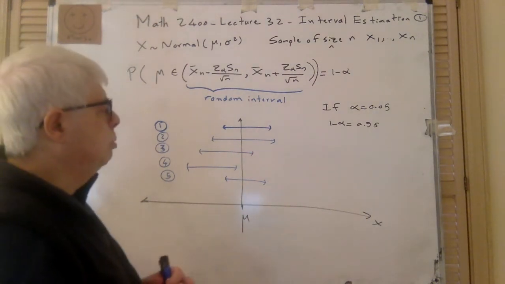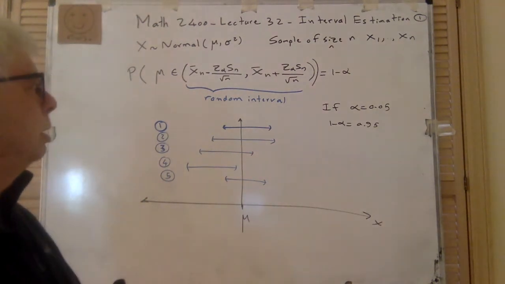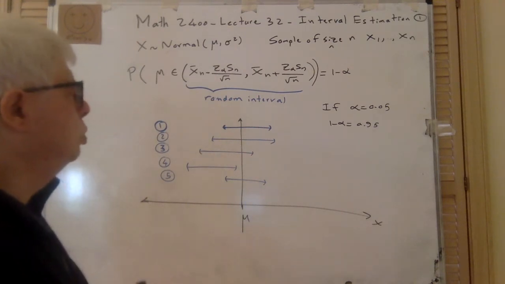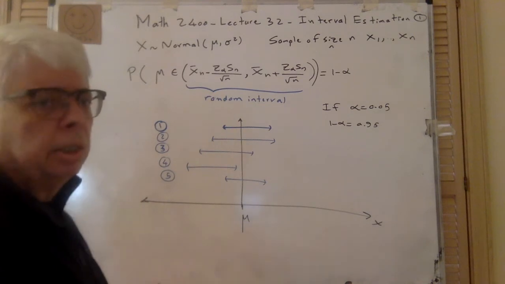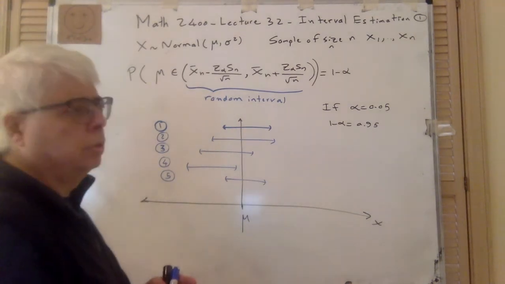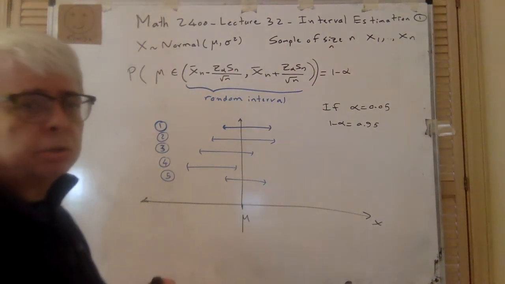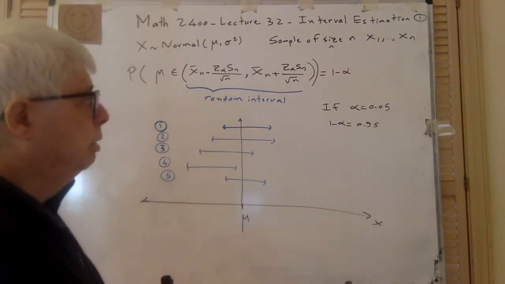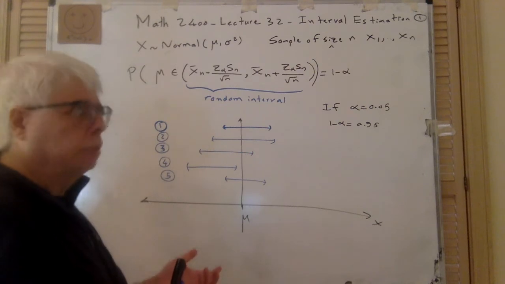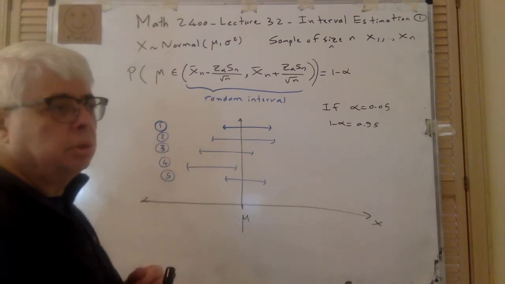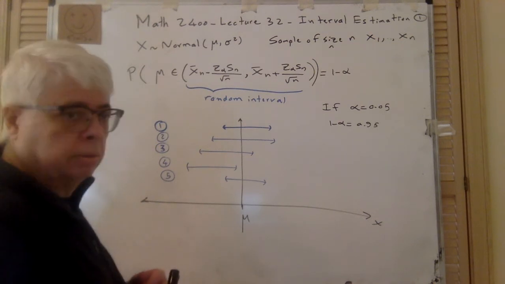It also should remind you of something else: each time that we do an experiment, there is a chance of failure. Alpha is a chance of failure, so there's a probability of failure, which means there's a probability of success here. So in fact, each time that you do this, it's like a Bernoulli trial.